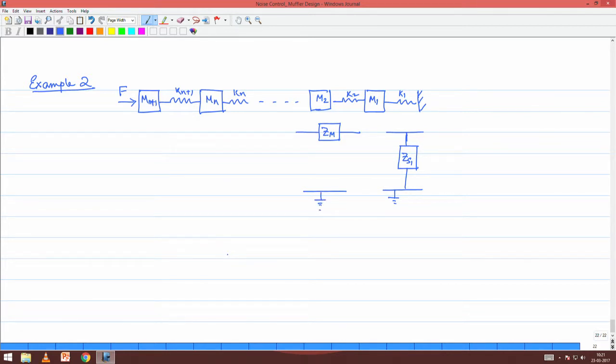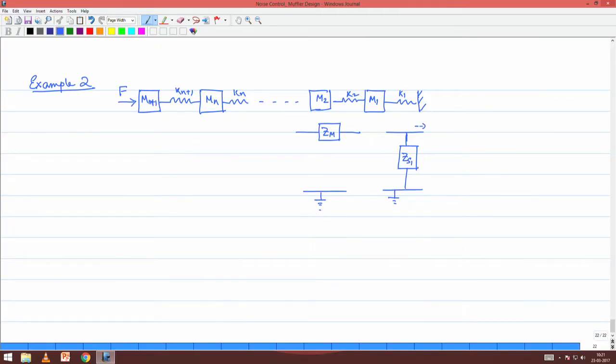Now, again the same arguments will go through: the output end of the spring is not supposed to have any velocity, which means in the analogous electrical circuit there cannot be any current in this branch, which can only happen if this circuit is left open. So, we are not going to close this circuit, it is going to be left open, which means we might as well not consider this part of the circuit.